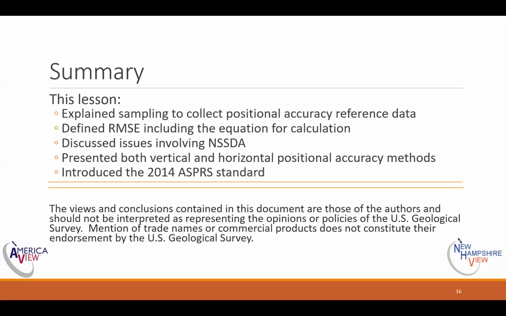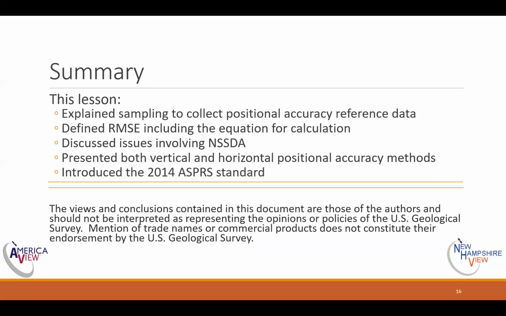We defined root mean square error. We showed the equations for that. Those equations are not difficult. Show the calculations. Again, go back if you want to and look at the introductory modules that I talk about, and it gives an example in there with the table. We discussed the issues involving NSSDA, the problem with using root mean square error instead of the standard deviation.